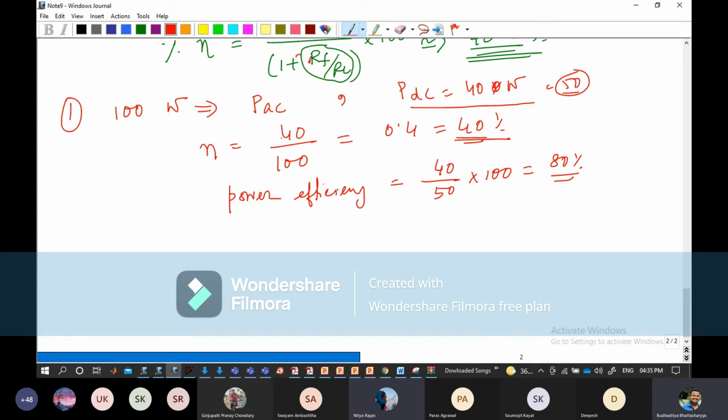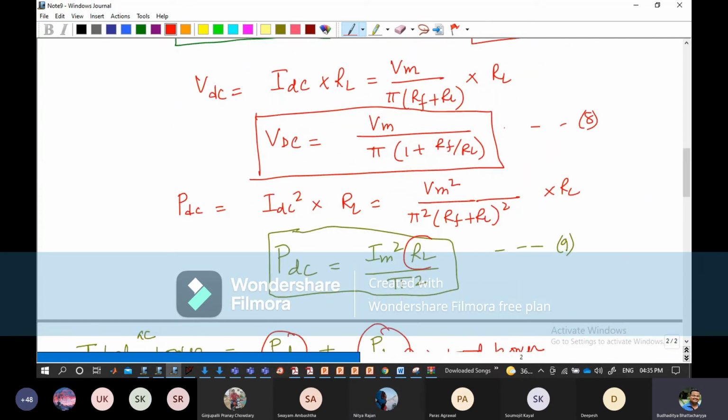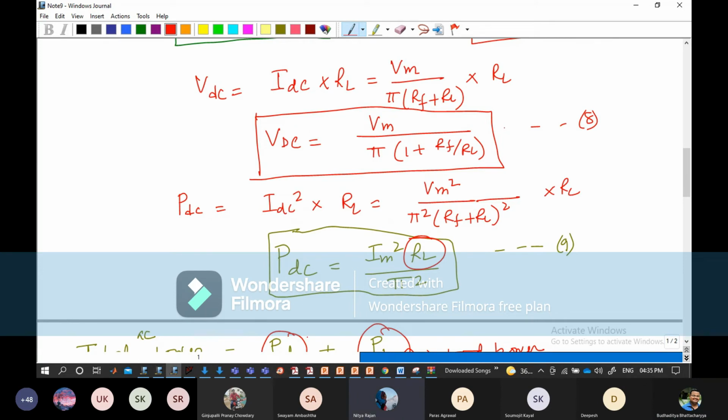But here the dissipation across the diode is minimal. The 10 watt of reduction that is happening is not due to the diode. It's due to RL, the load resistance that you are using, right? Because if you go back, when we are calculating PDC, RL is a factor. Yes. All right. Okay.